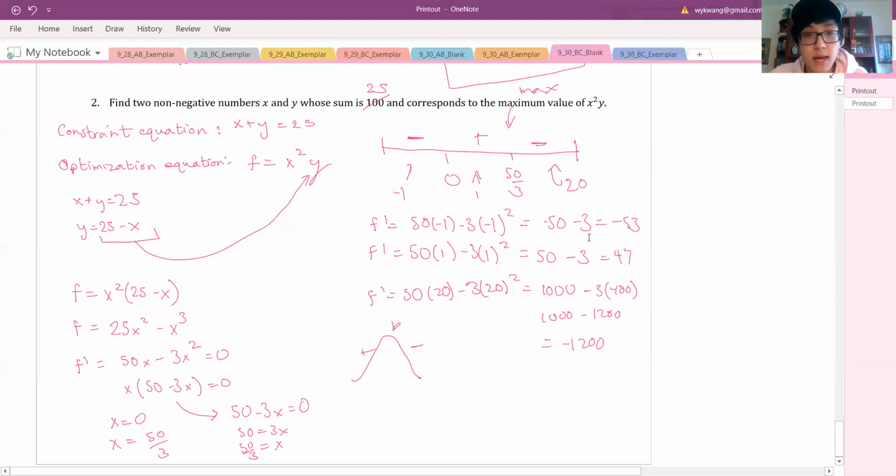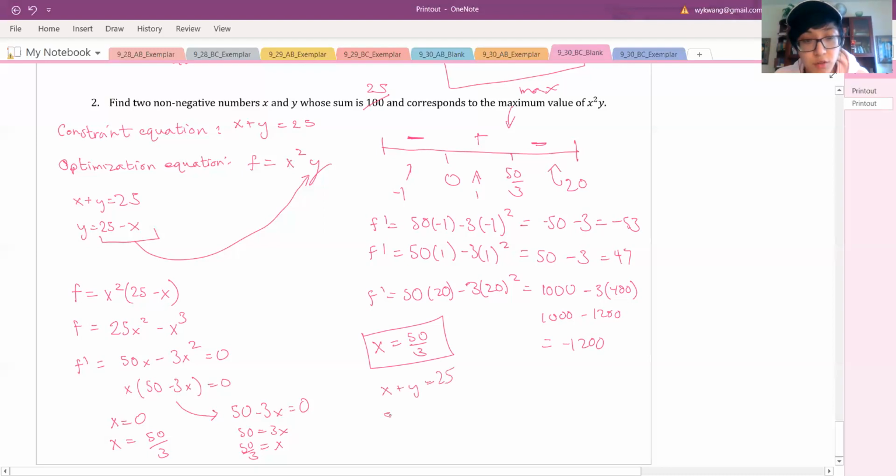Okay, so if I know it's a max, I know I'm maximizing x squared y there. So I am going to now just find y, because I know x is a max at 50 over 3. I'm going to plug in 50 over 3 into x plus y equals 25.